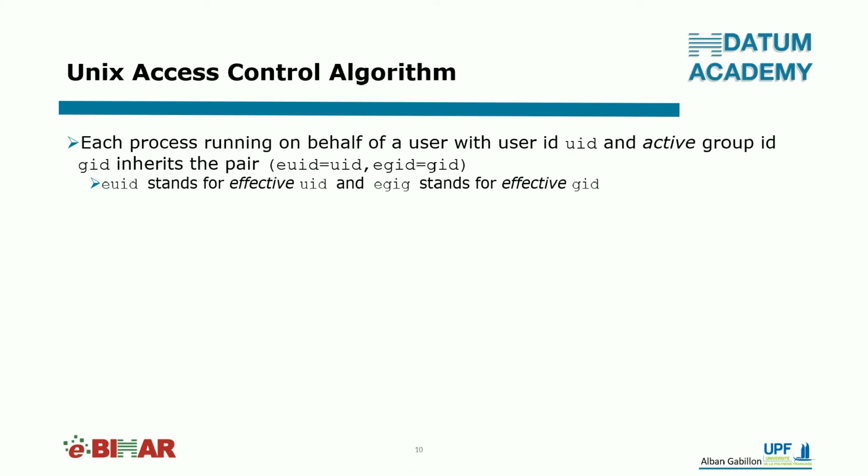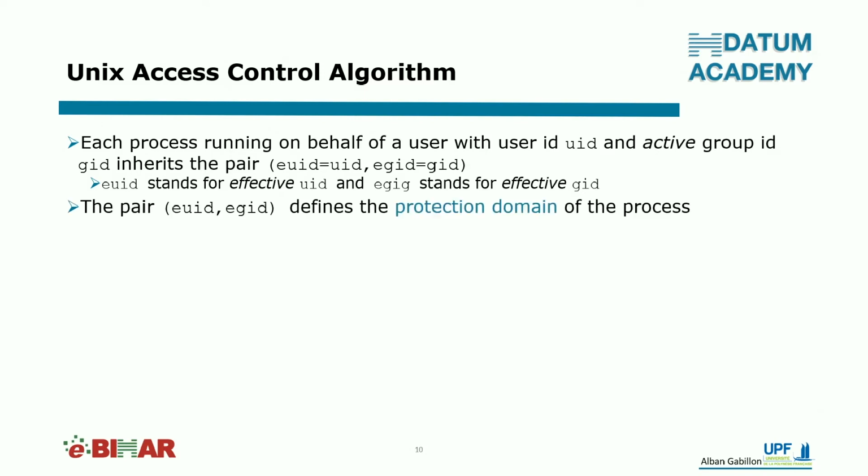Each process running on behalf of a user will have an effective user ID, equal to the ID of that user, and it will also have an effective group ID equal to the ID of the active group of that user. And the pair effective user ID and effective group ID defines the so-called protection domain of the process.